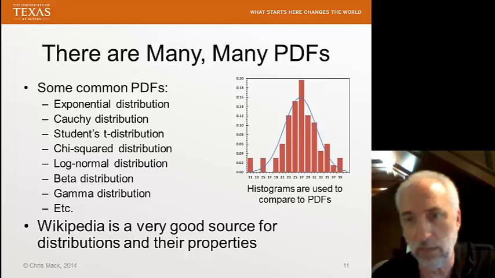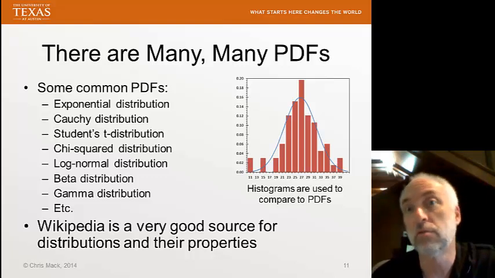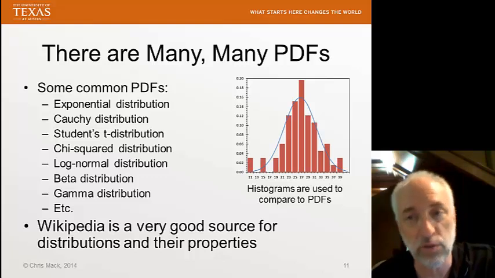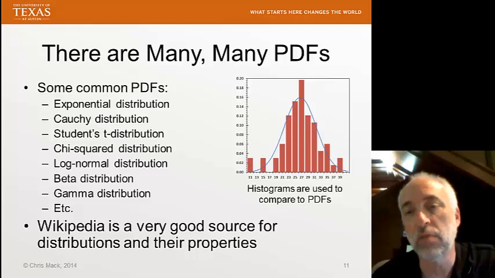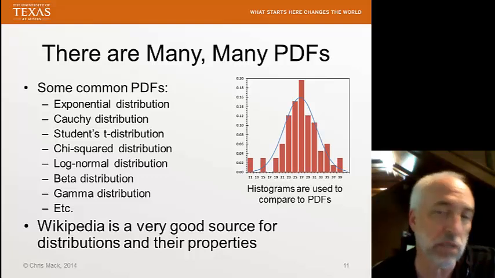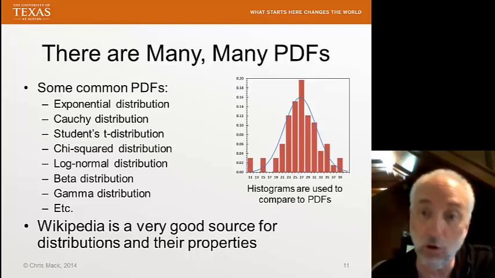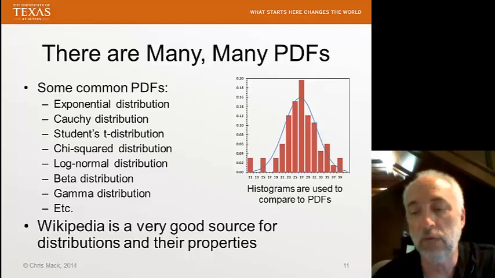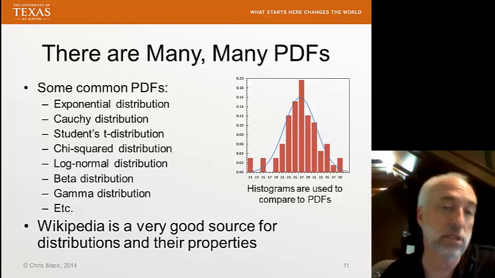You might think, is my data randomly distributed according to a Gaussian distribution? Well, I might look at the histogram, compare it to the shape of a Gaussian, and try to evaluate, that looks like it could be reasonable, or, oh no, that doesn't look very good at all. So we often use histograms in this way.